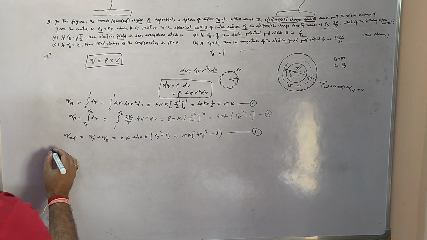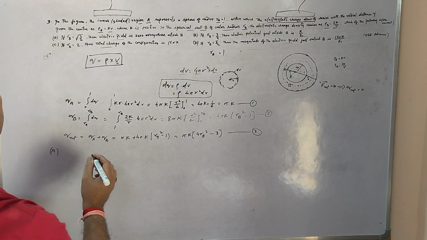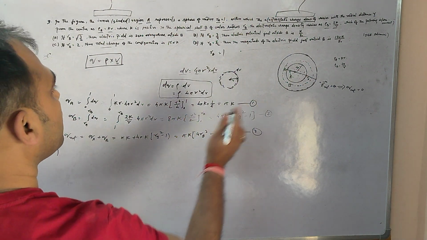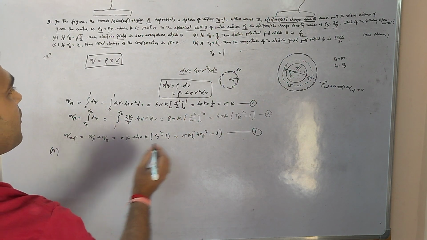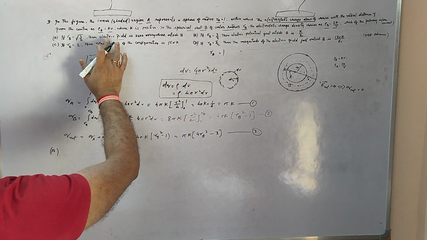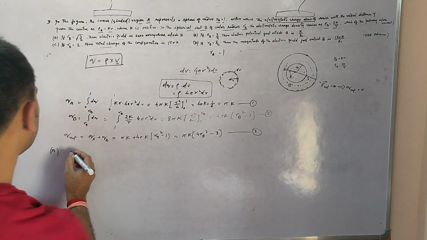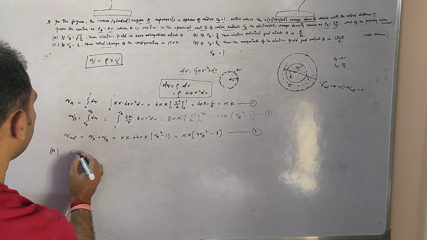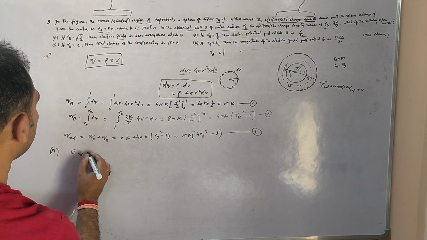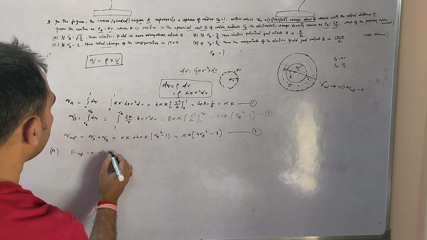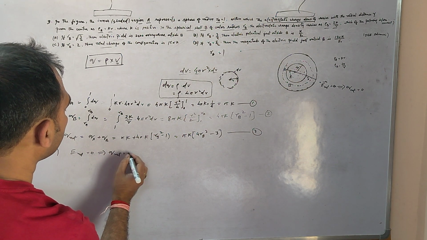So for statement A, if the electric field is 0, then Q net is 0.